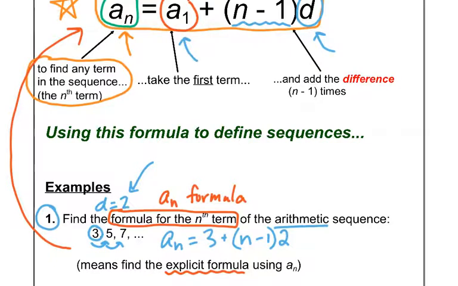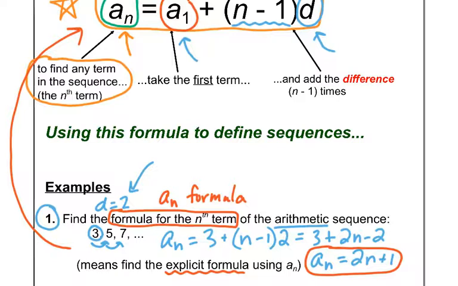Why don't we go ahead and simplify this a little bit? So I can take the 3, I can distribute the 2, and I get 2 times n minus 2. So finally, getting our like terms together, a sub n is 2n plus 1. And that is the formula for the nth term.